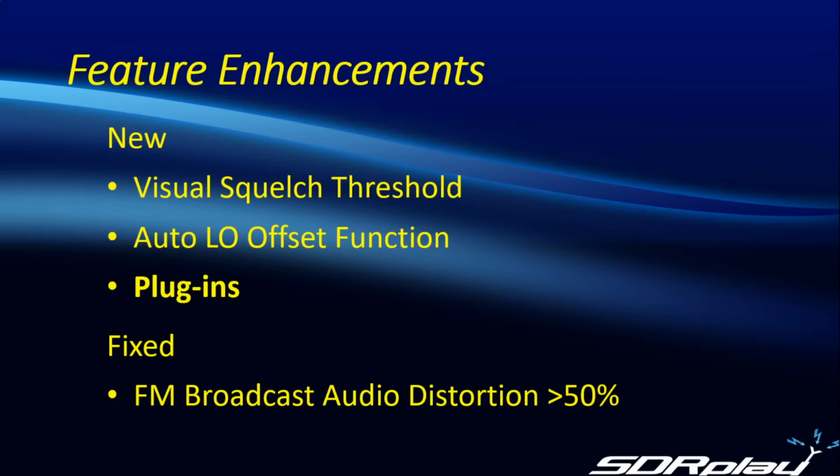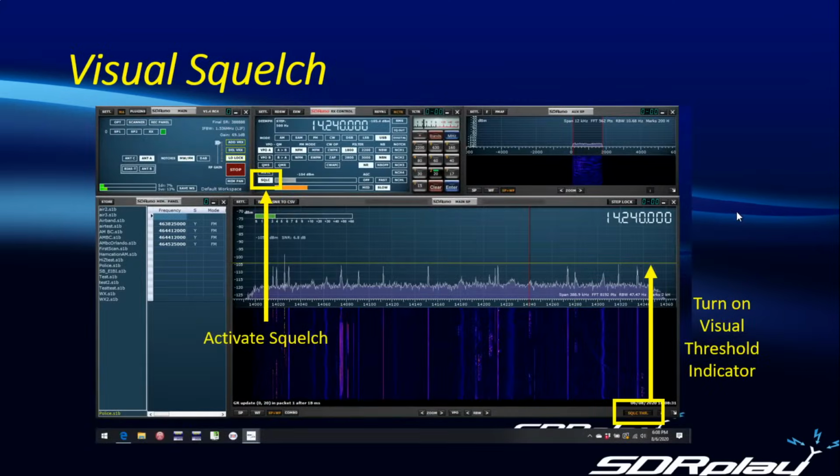So first up, let's have a quick look at the visual squelch. And I'm not going to spend very long talking about this because I've already released a video that goes through this in detail. The basic squelch function is activated as before in the RX control panel. You turn it on and then you adjust the level with the slider that's next to it.